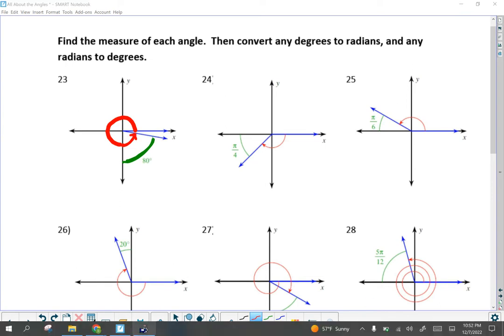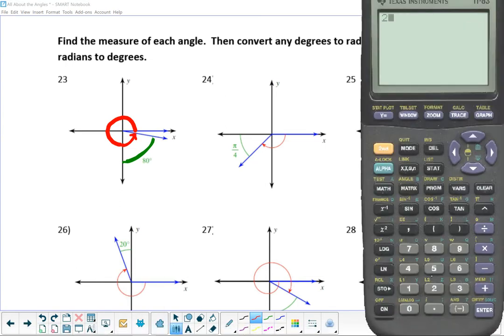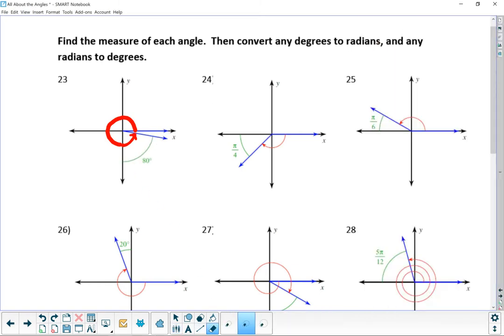All right, so I'm going to utilize my calculator. So 270 plus 80 more degrees makes 350 degrees. So what I have there is going to be 350 degrees. So I'm going to go ahead and trace that out and write 350 degrees.